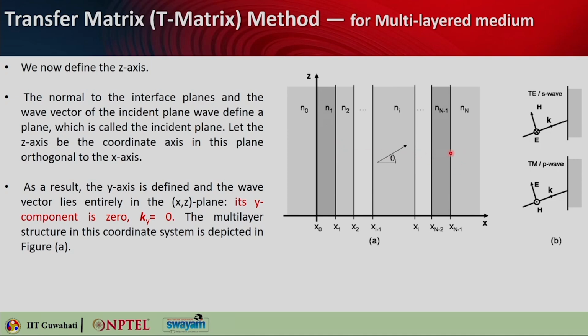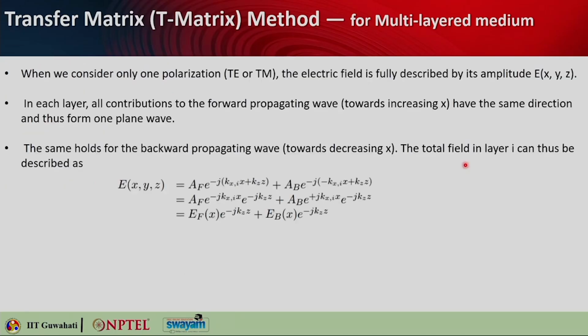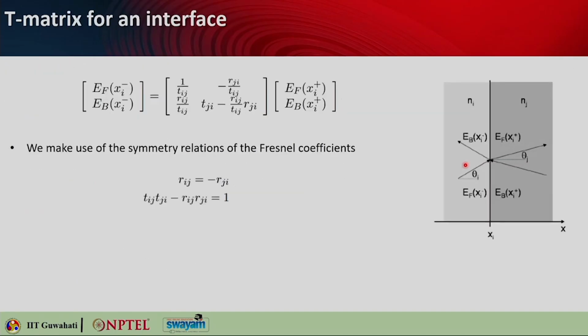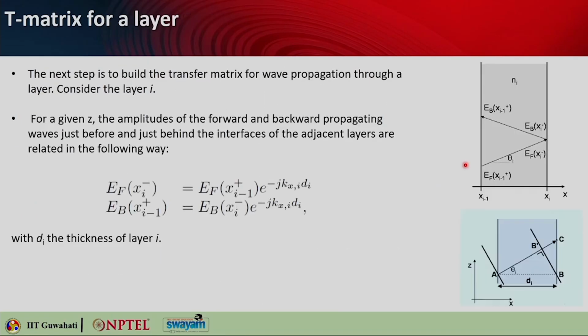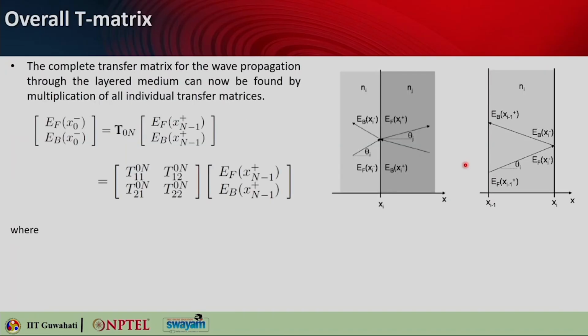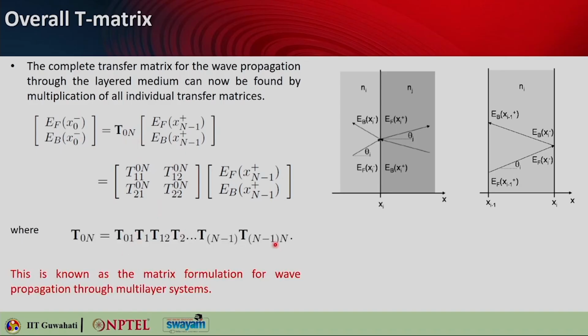Finally you will also have this interface and then this particular layer. That many transfer matrices you have to put together and multiply, and that is how you will get the overall transfer matrix, which is given as T0 to n. It looks a bit cumbersome and lengthy, but you can use MATLAB codes for writing this transfer matrix, and you can do the matrix multiplication very easily, and that will give you the overall transfer matrix of a multi-layered system.